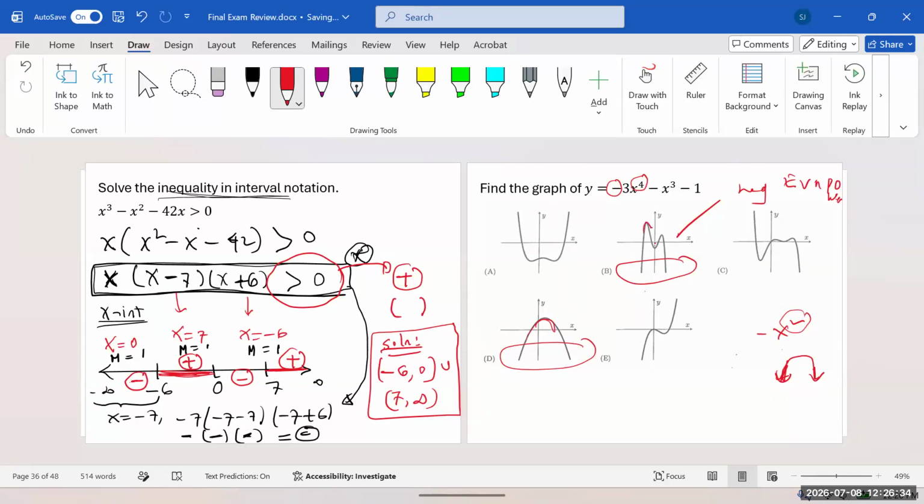And you see 1, 2, 3. And also you can look at the y-intercept. Our y-intercept is negative 1 here, but our y-intercept is positive 1 here. So this one makes more sense. Add power: if it's positive, add, it goes this way. If it's negative, add, it goes this way.